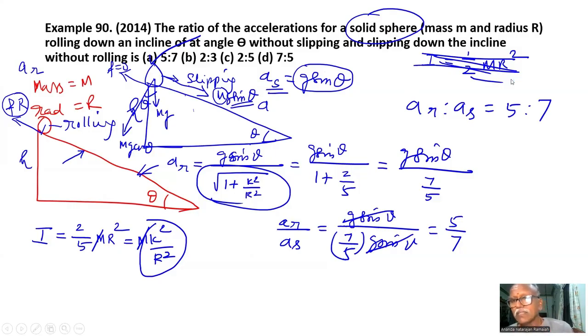Here, sphere only. That's why 2 by 5. That's all. K square by r square will equal 2 by 5.